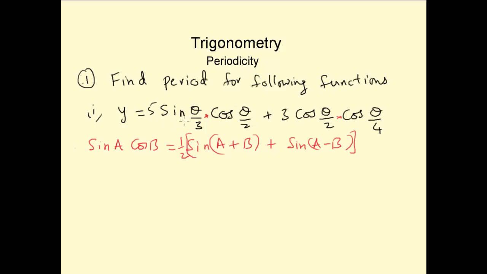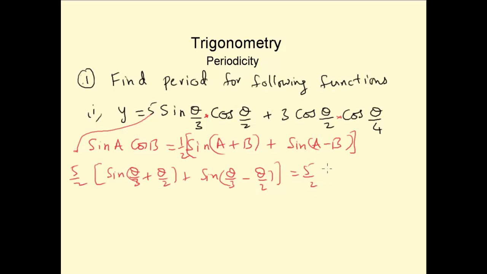Now we have sine(theta/3) times cos(theta/2). This function would be 5 by 2 times sine(A plus B), which is sine(theta/3 plus theta/2), plus sine(A minus B), which is sine(theta/3 minus theta/2). What is theta/3 plus theta/2?